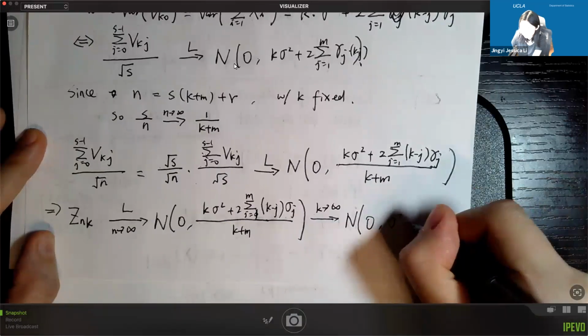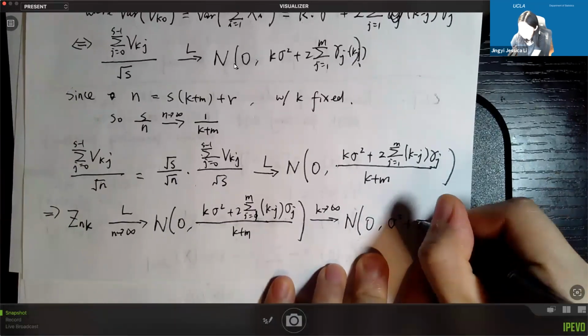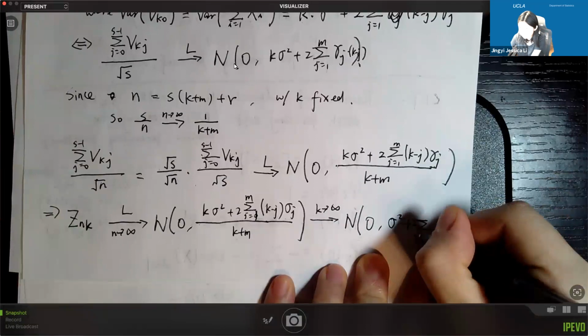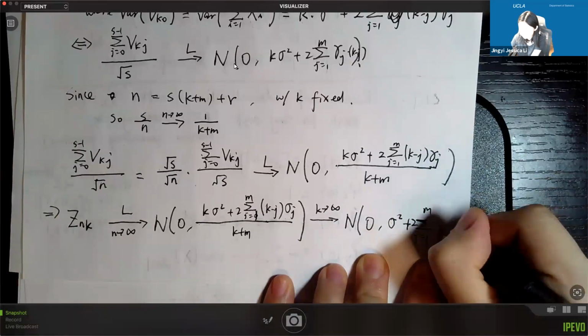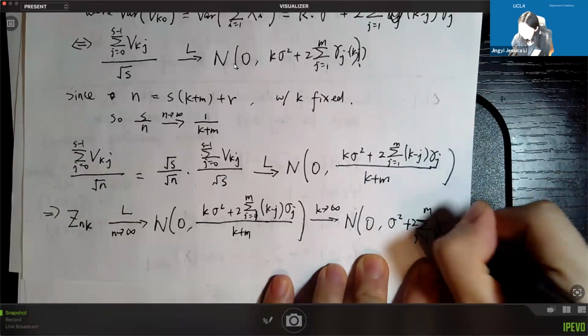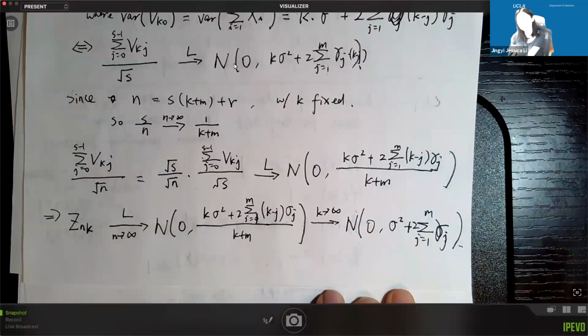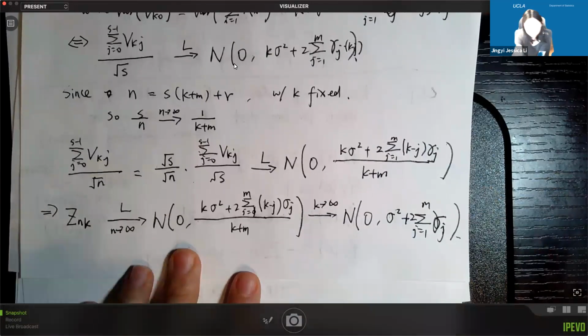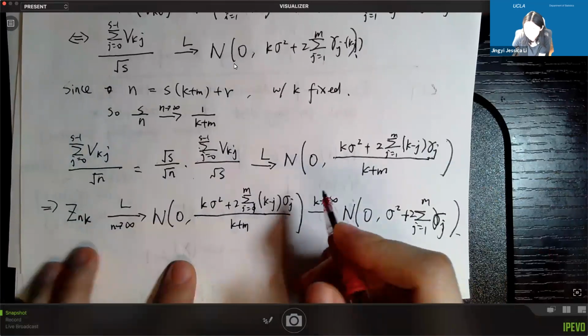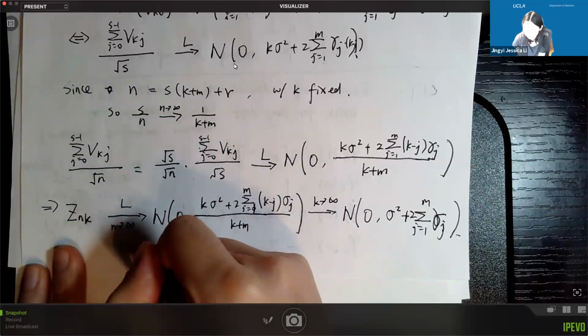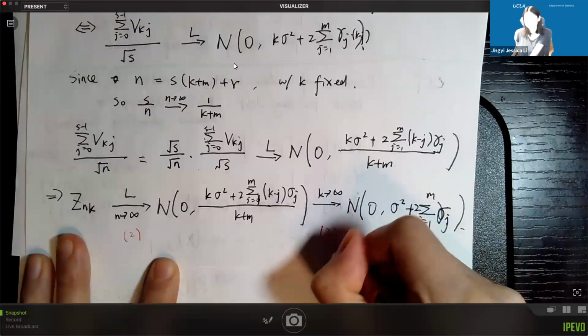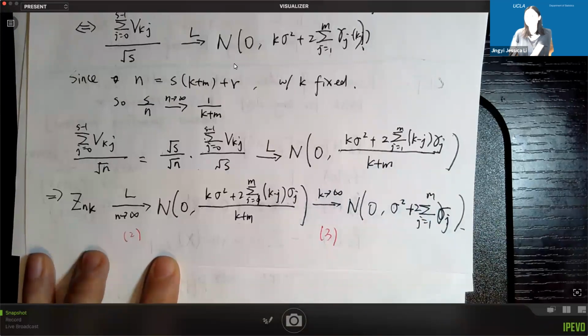So I'm left with 2 times the summation over j from 1 to m of gamma j. That's it. If we think about the lemma, this step is about part 2, this step is about part 3, and we're done. Finally, we prove the condition in the statement of the theorem.